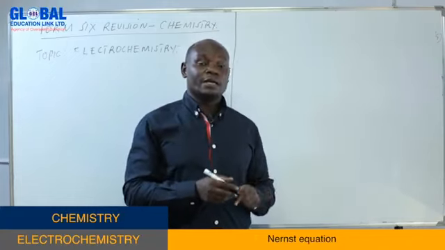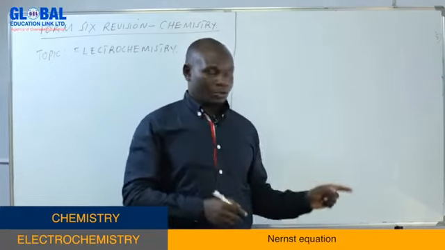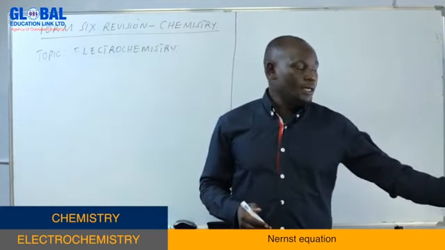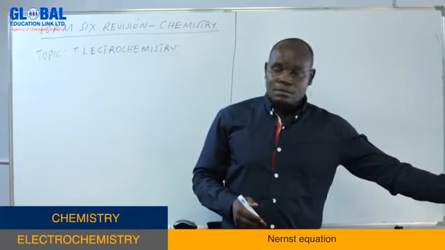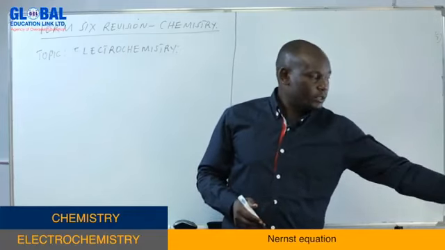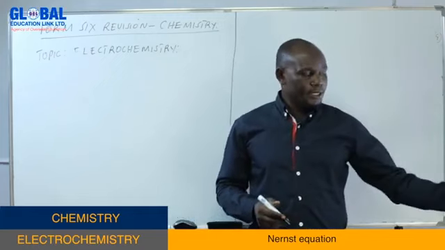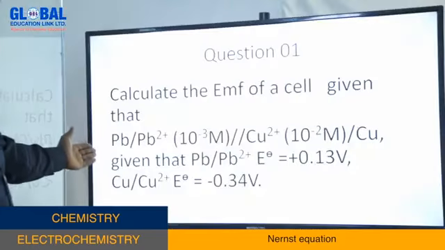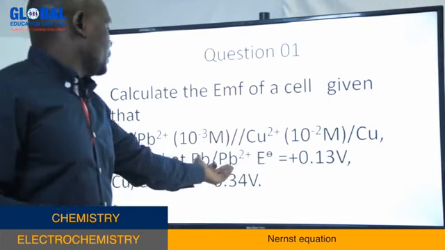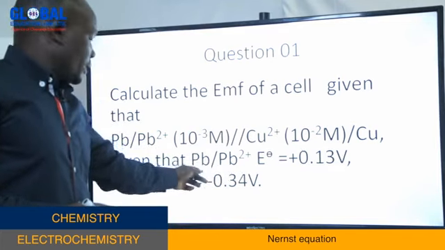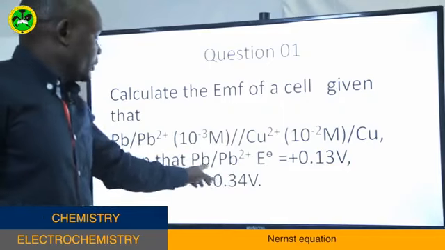That's why we call them reduction potentials. If we consider lead here, it is in oxidation form, so you have to change it, and when you change it into reduction form, the sign of the standard electrode potential should also change. Copper also is in oxidized form, so it should be in reduced form.